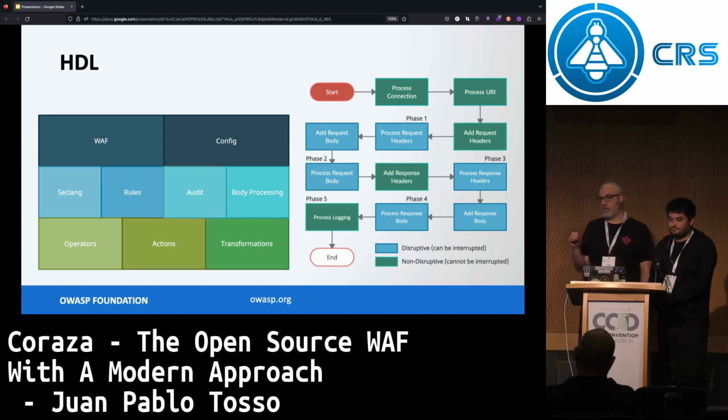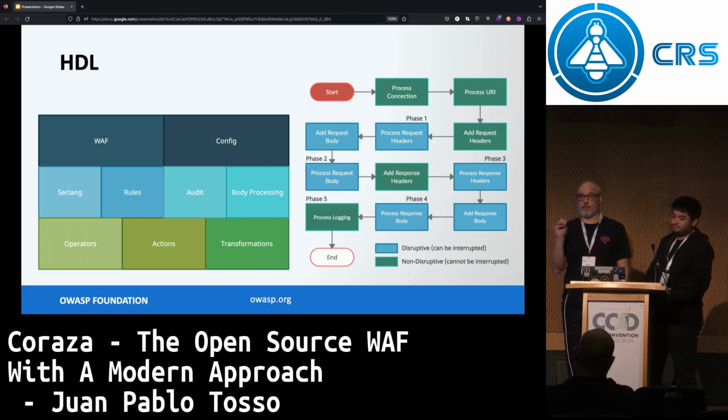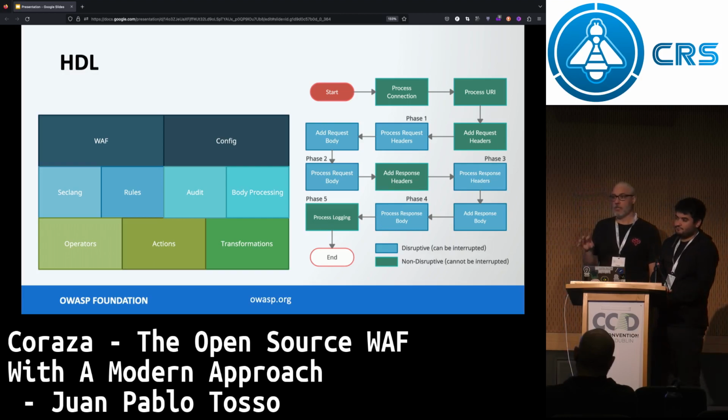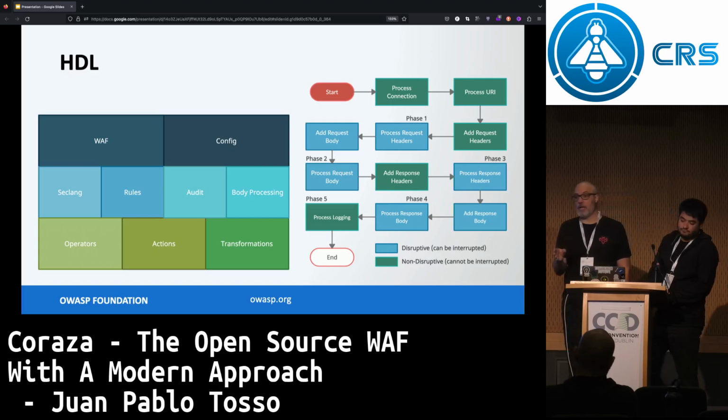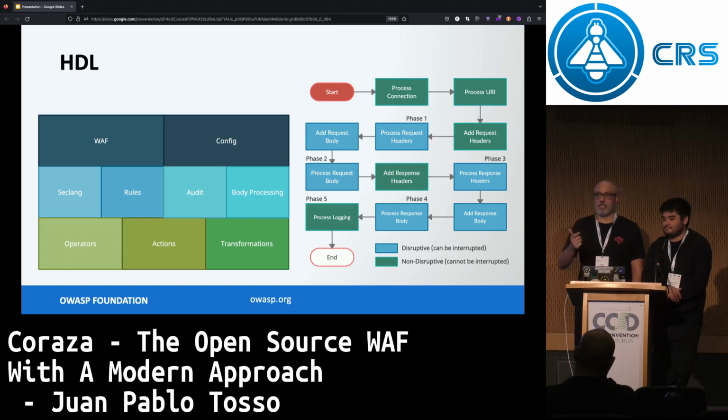So the idea is that you can add phases at will. For example, as soon as you want to block something, you can create a phase for that. For example, you could add something that blocks at the connection level. I just get the IP and the port, and then if I don't like it or I have a rule for that, I can block.